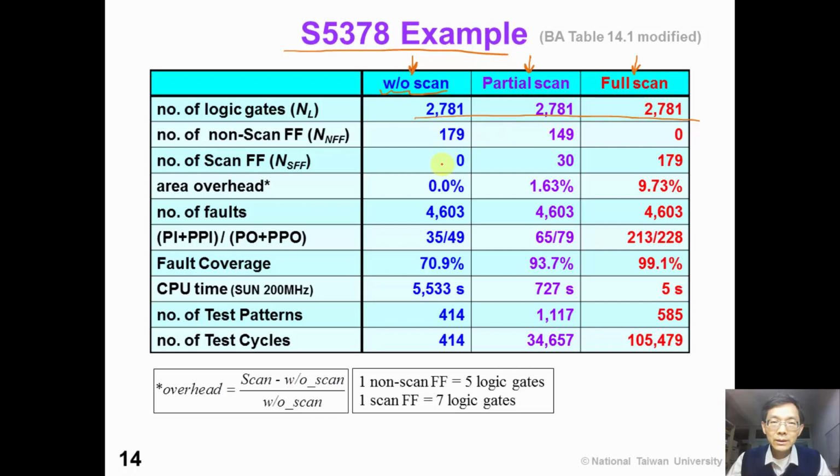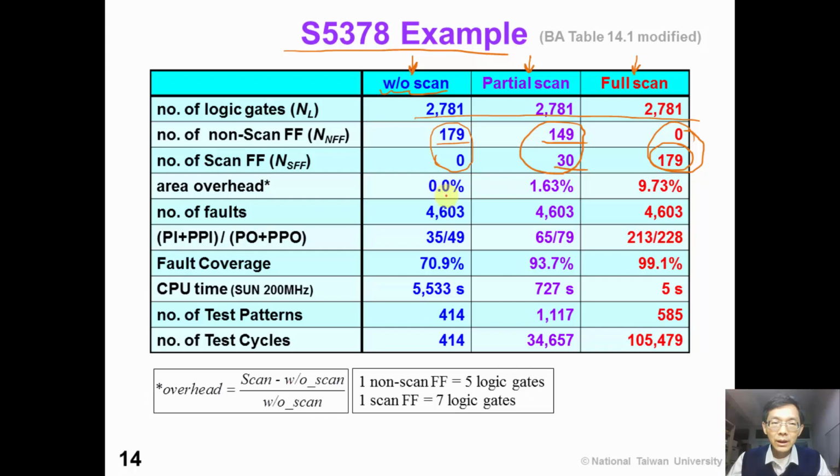For a non-scan design, all of the 179 flip-flops are non-scan. For a full scan design, every flip-flop is scannable. And for the partial scan, in this example, we have 30 scan flip-flops and the other flip-flops are non-scan.